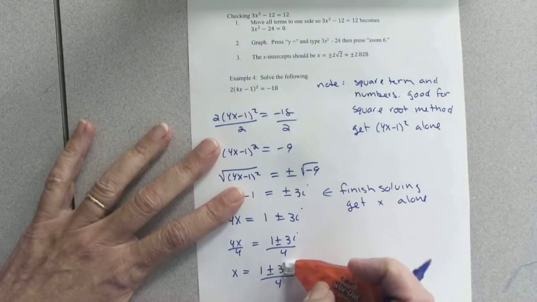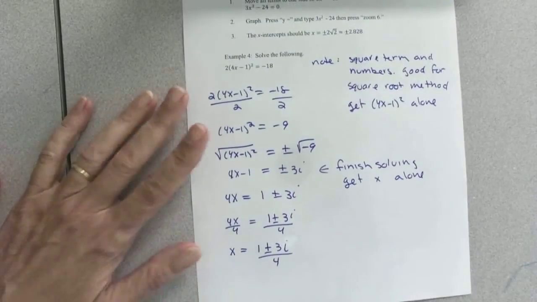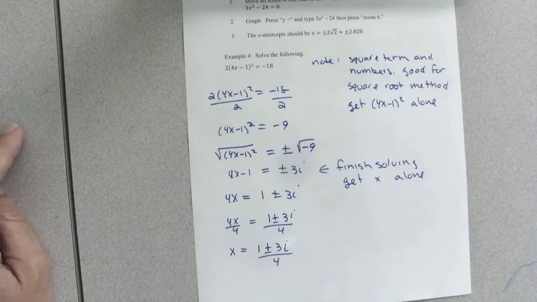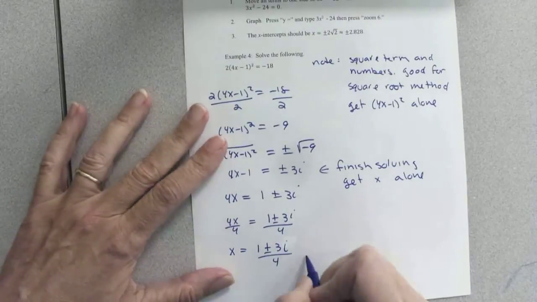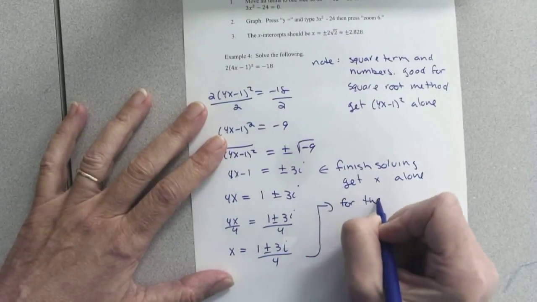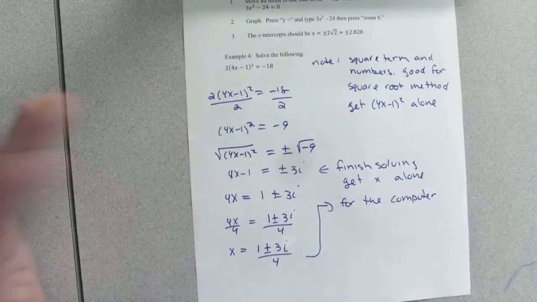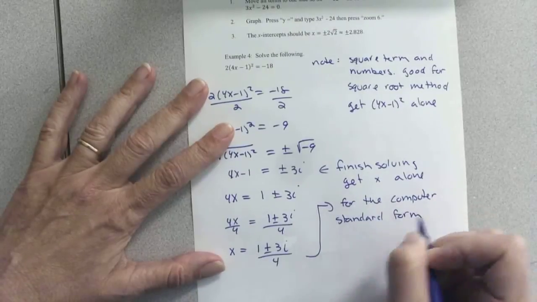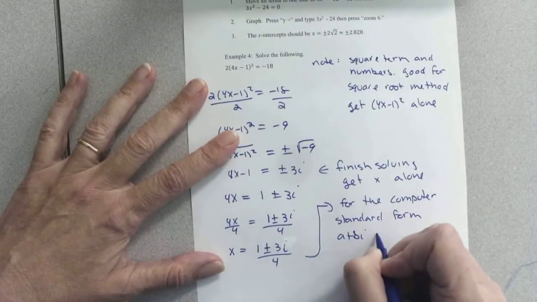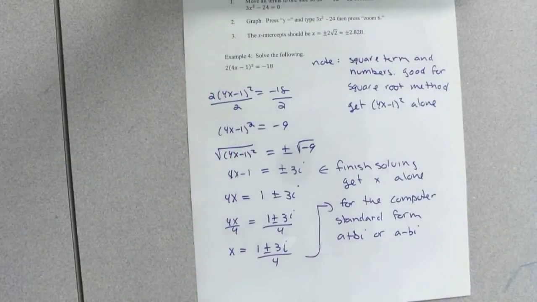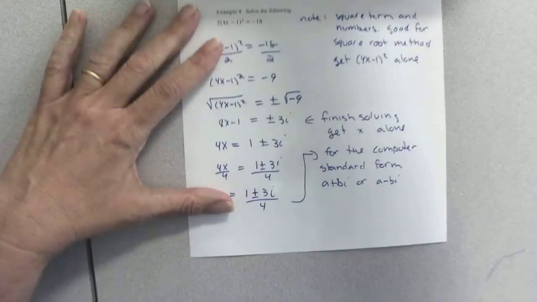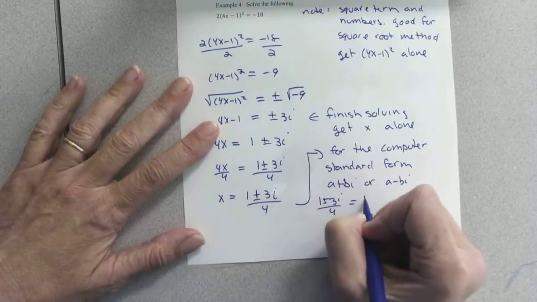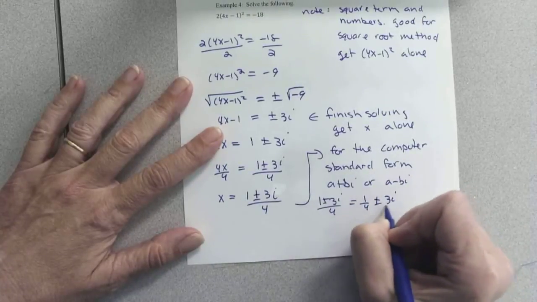Now, if this is a small class where I'm actually doing my own grading, that is a perfectly fine answer for me. But if the computer is grading, it wants standard form, a plus bi or a minus bi. So to get that, 1 plus or minus 3i over 4 becomes 1/4 plus or minus 3i over 4.